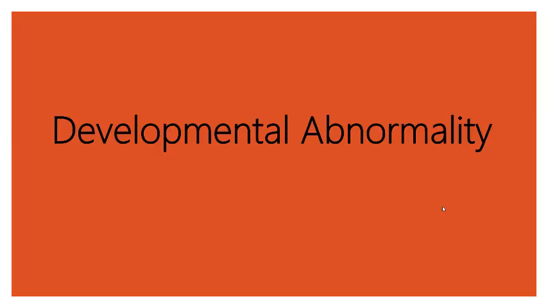It is a spectrum of disorders. Spectrum means a combination or collection of disorders. And second, it is a developmental abnormality. It is not a congenital deformity. Congenital means present at birth, while developmental means evolves with the passage of time.